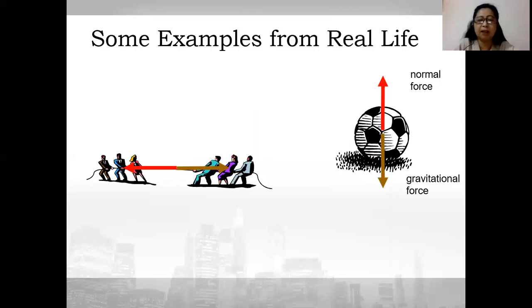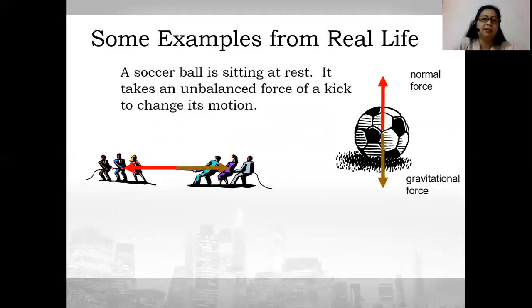Here are some examples from real-life situations. So, again, the soccer ball experiences normal force and gravitational force. However, these two forces are equal in magnitude and opposite in direction. So the object stays at rest. Okay? So it takes an unbalanced force or a kick to change its motion.